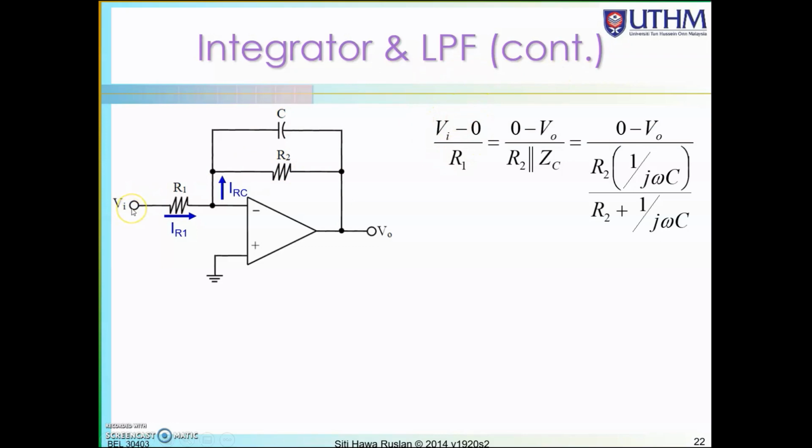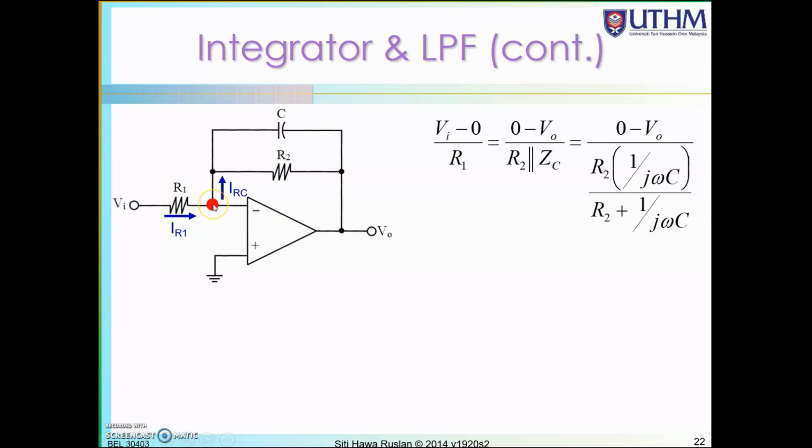This is IR1, which is the current moving from Vi to this particular node, and that node is your V minus, and this V minus equals 0 because it is connected to the ground. So (Vi minus 0) divided by the resistor R1 is the current IR1. For these two in parallel, R2 parallel with ZC, the impedance of the capacitor, IRC will be flowing from this node to the output node.